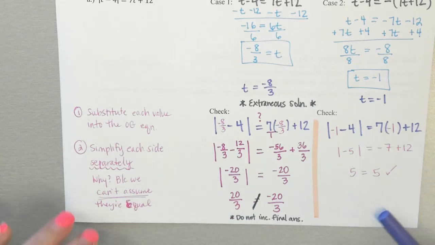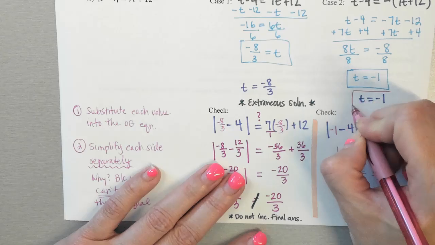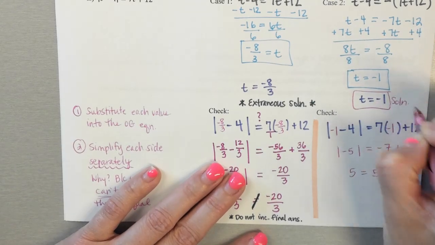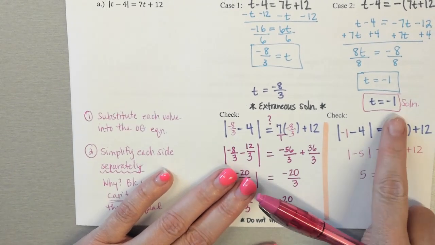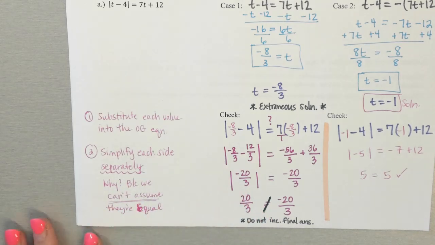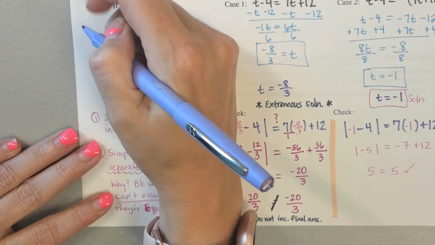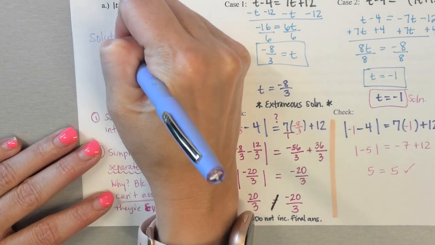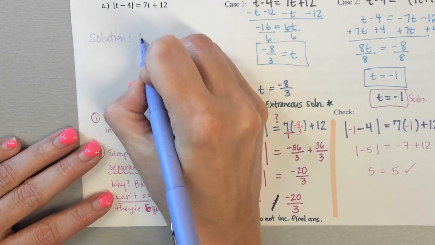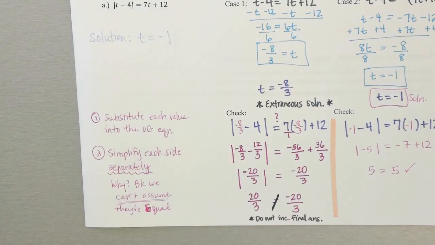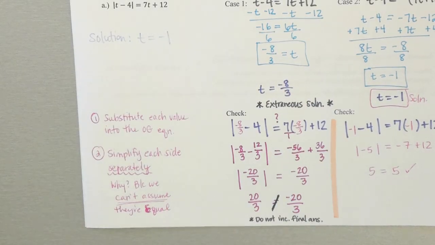Okay, so if that does check, that is going to be your solution. So remember, your solution is this, not 5. Okay, it's what you plugged in. Okay, so if you were writing your answer on a line, the only thing you would write is t is equal to negative 1. Oh man, that's difficult to see.